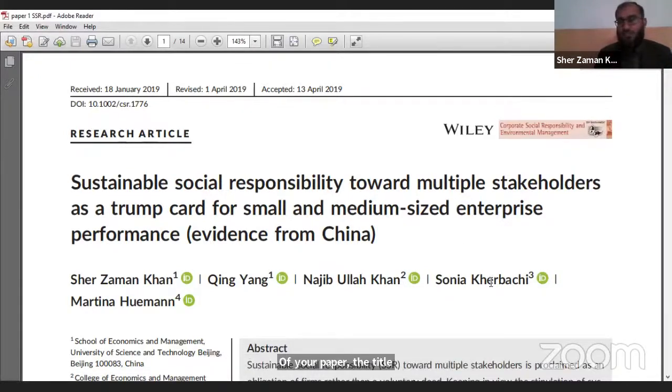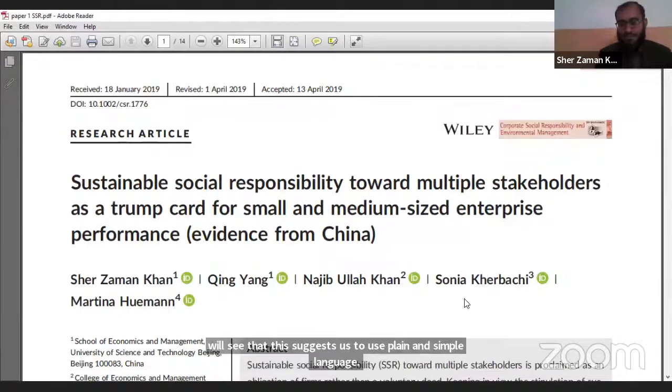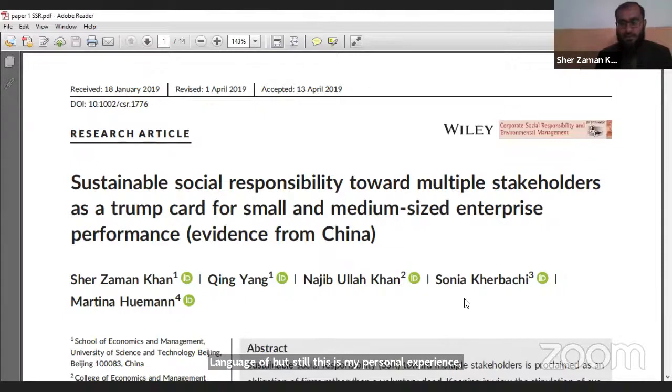Although in every book of research methodology, they suggest us to use plain and simple language for the language of the writer, still, this is my personal experience. Therefore, I want to share it with you.